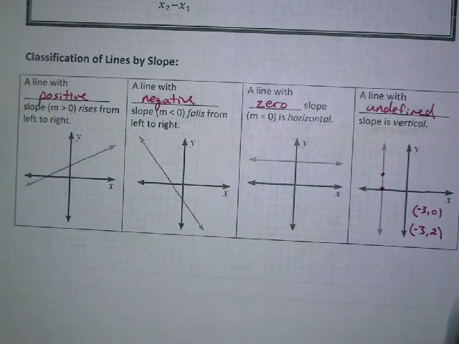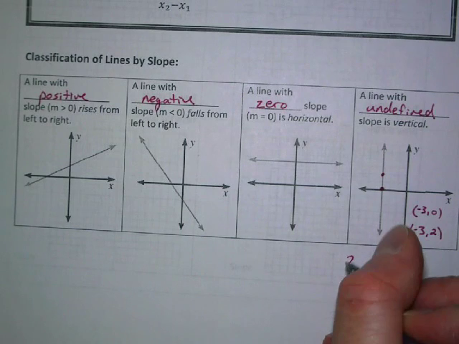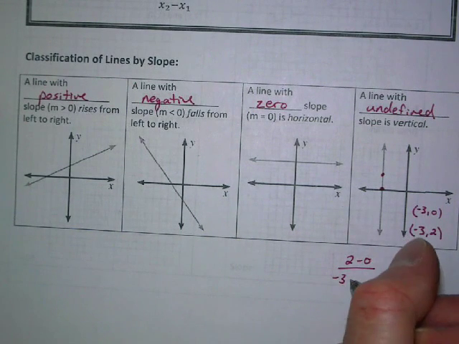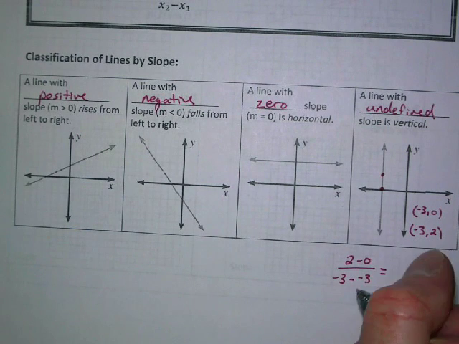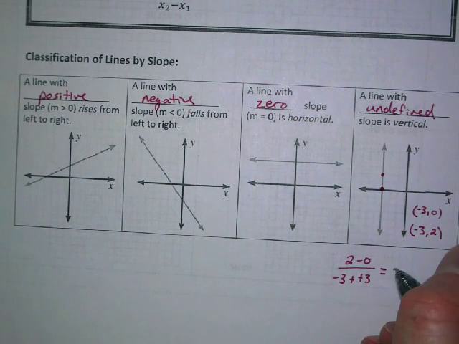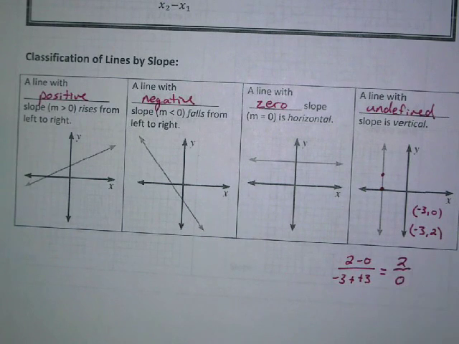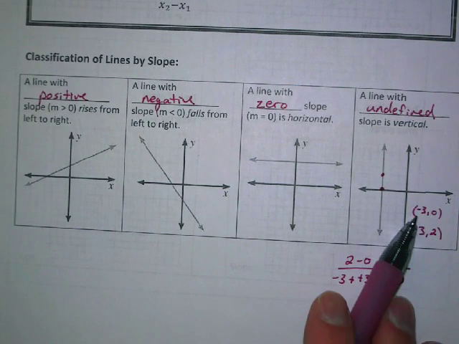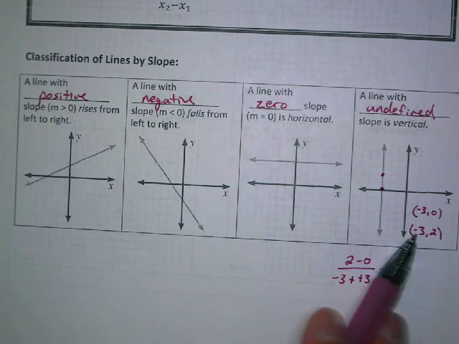If I were to try to use the slope formula, y2 minus y1 would be 2 minus 0, and then x2 minus x1 would be negative 3 minus negative 3. Well, the problem that occurs is your denominator becomes 0. And can you divide by 0? No. So that's why a vertical line will always be undefined. If you're given 2 points, you can spot it because the x's are the same.